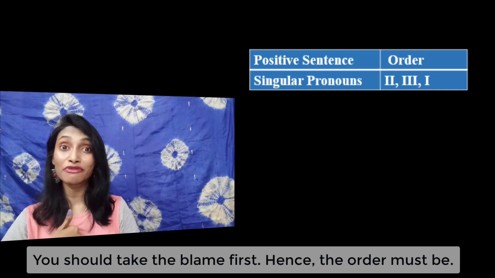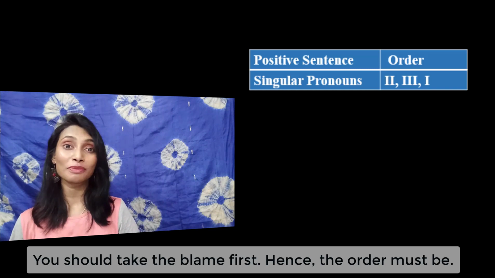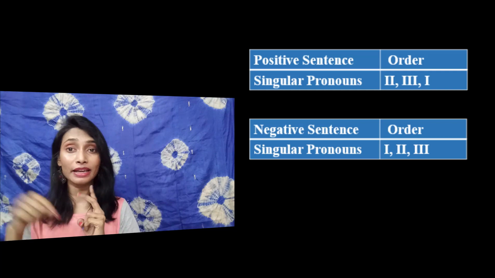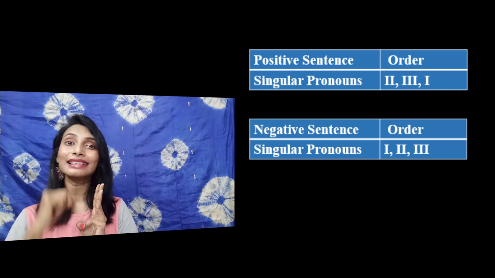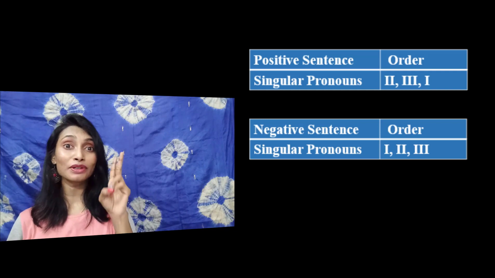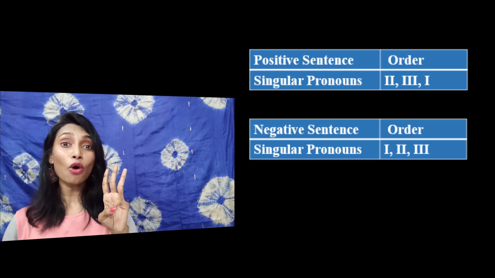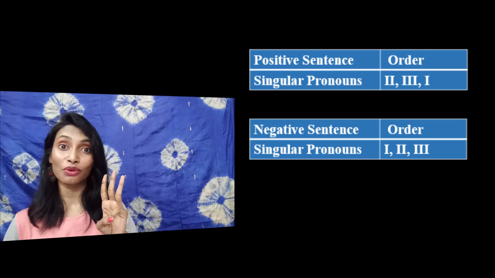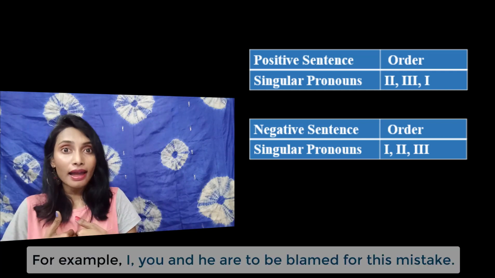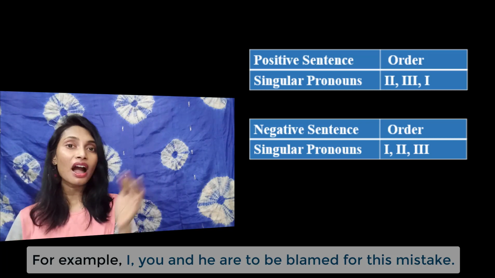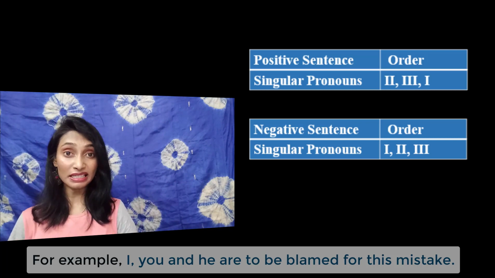You should take the blame first. Hence, the order must be first person, and who is there with you, second person, and then third person. So the order must be first person, second person and third person when all the three persons are in singular and the case is negative. For example, I, you and he are to be blamed for this mistake.